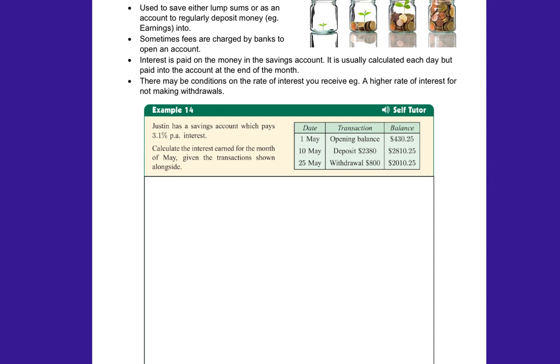Okay, so Justin has this savings account. It pays 3.1% per annum, and we're going to calculate the interest for the month. This is a regular savings account. Okay, so our interest, well, it's 3.1% per annum.